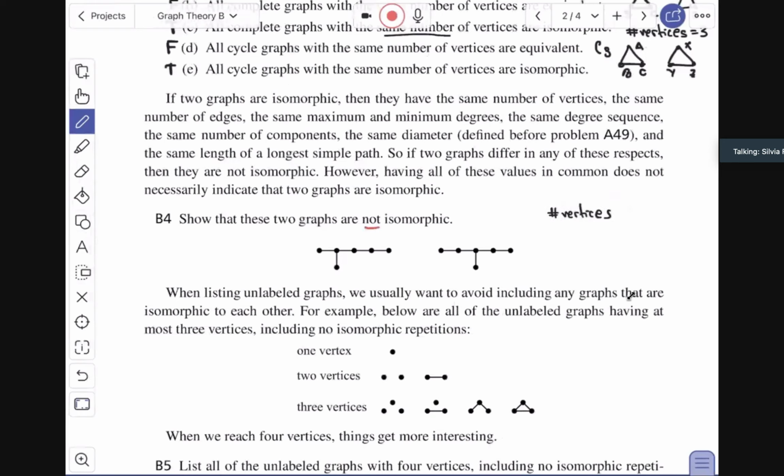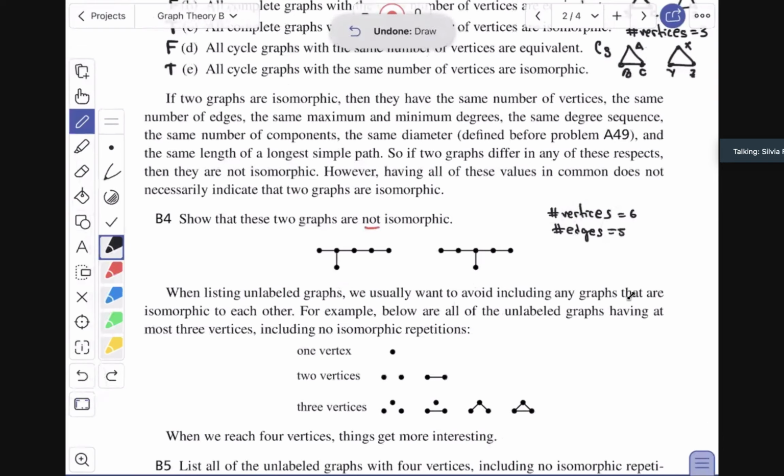This one, 1, 2, 3, 4, 5, 6. 1, 2, 3, 4, 5, 6. They have the same number of vertices. Number of edges. I have 1, 2, 3, 4, 5. 1, 2, 3, 4, 5. Now let's say the degree sequence.